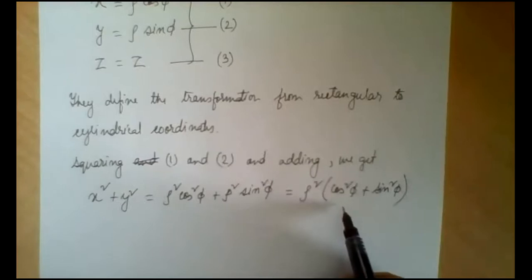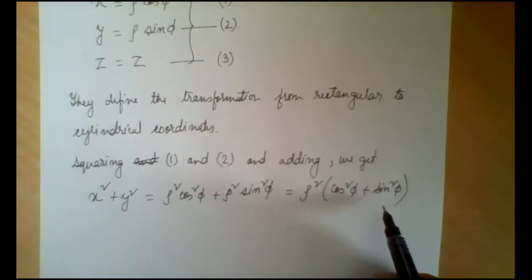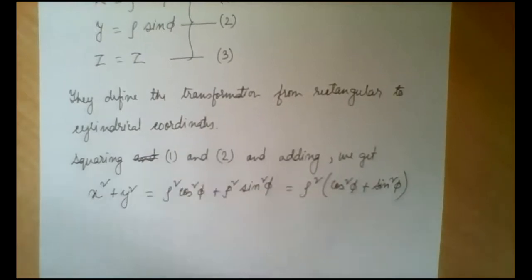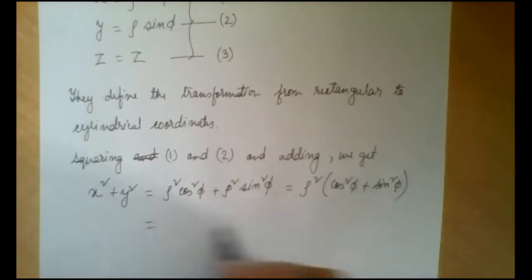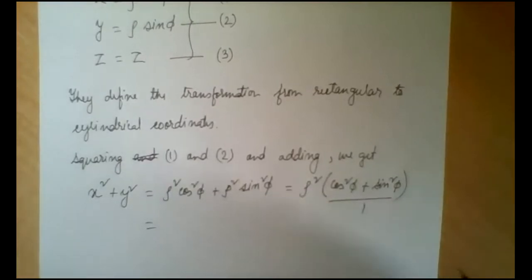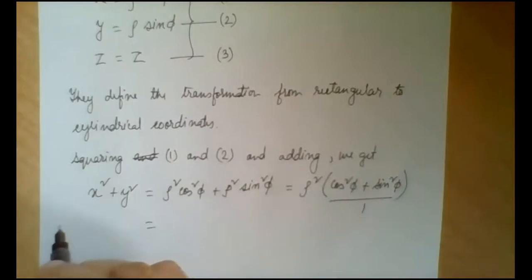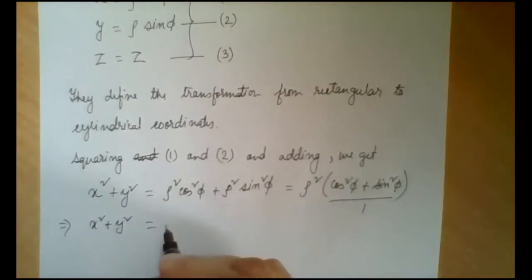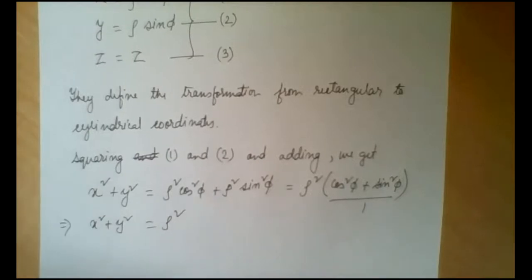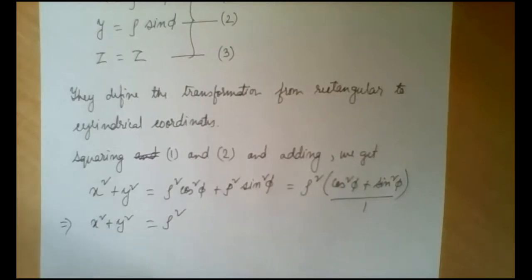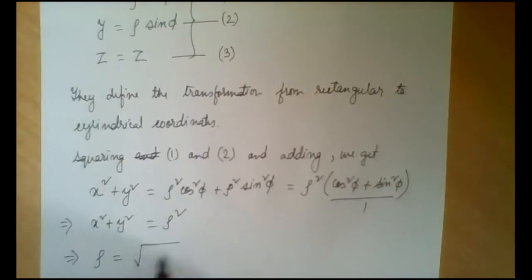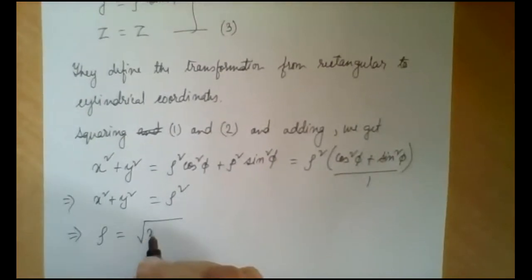And the value of cos square phi plus sin square phi is 1. So this means x square plus y square equal to rho square. Therefore, this implies rho equal to root over x square plus y square.